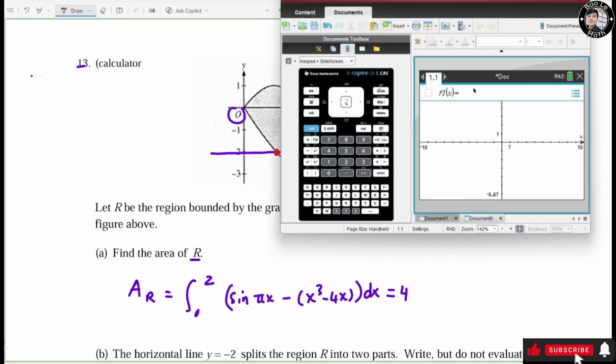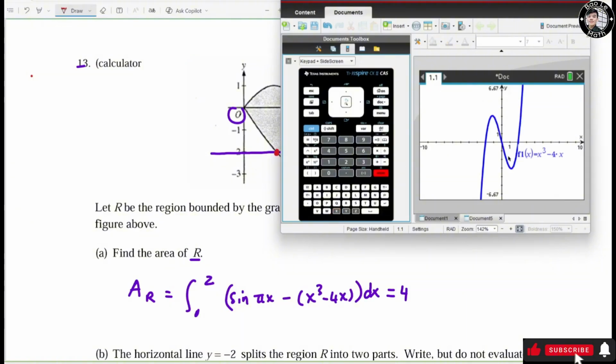Hit add graphs right here, input the function f of x, press enter, it's going to be right here. And the line y equals -2, so press tab, put -2, press enter, it's going to be right here. Now we need to find the intersection right here, right?